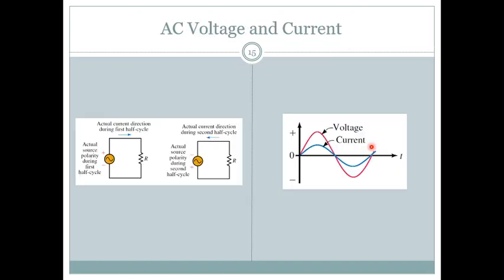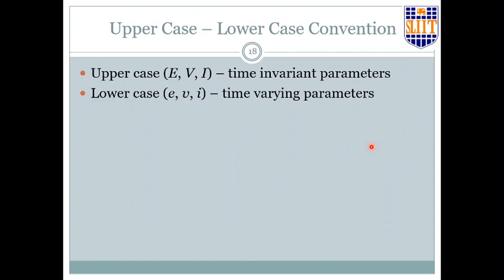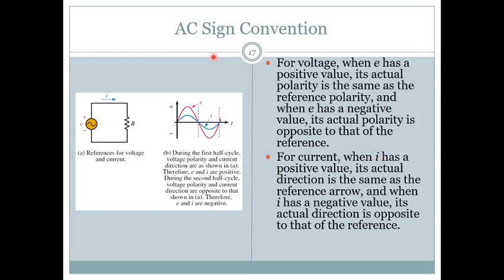So what is meant by this is, any current going in this direction will be treated as positive, and current going in the reverse direction will be treated as the negative half cycle. And for voltages, the voltage developed in that direction would be treated as positive, and the reverse direction would be treated as negative. So that is the main sign convention when we are talking about the current.